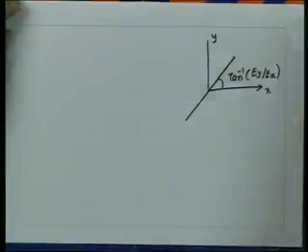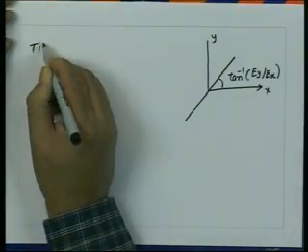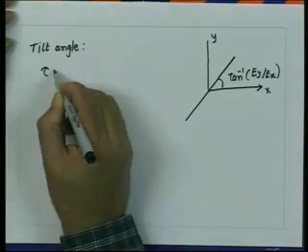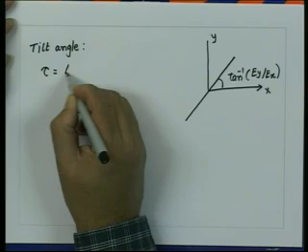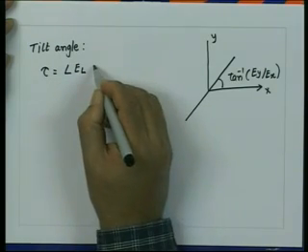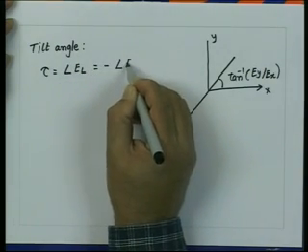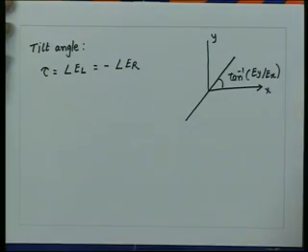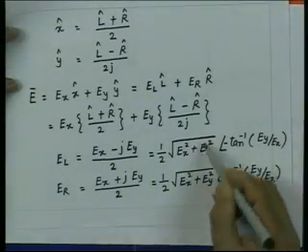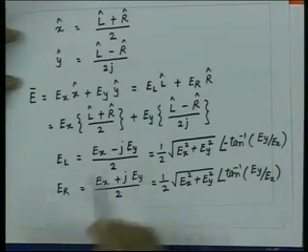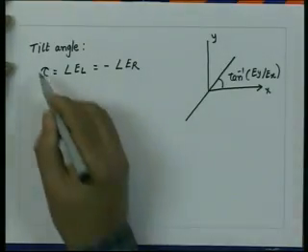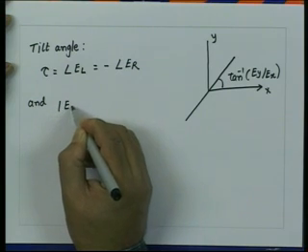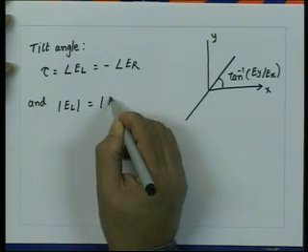What that means is that the tilt angle tau is equal to the angle of EL, which is equal to minus the angle of Er, and for a linearly polarized wave these two quantities are the same. So, the magnitude of EL and Er should be equal.